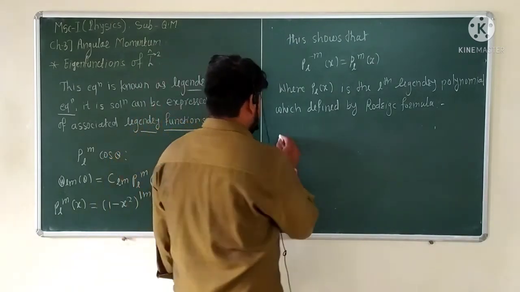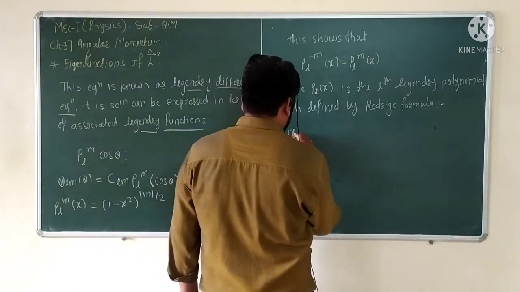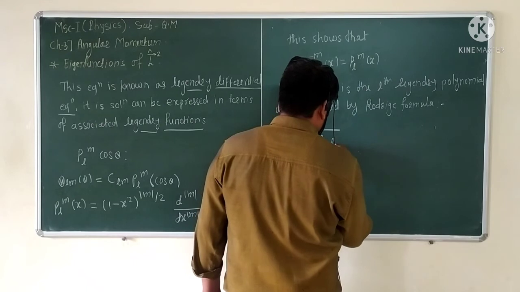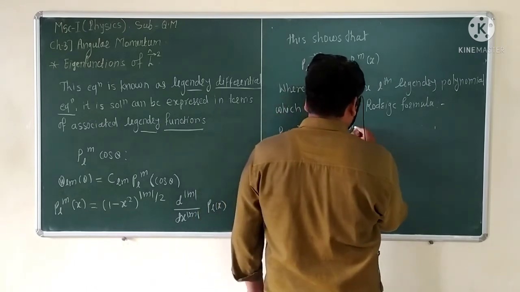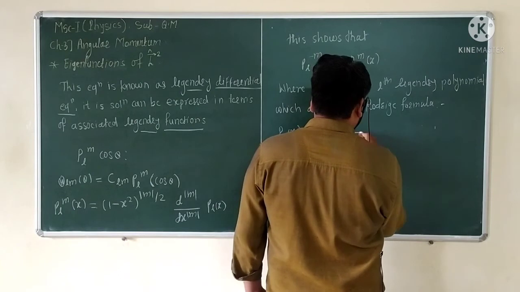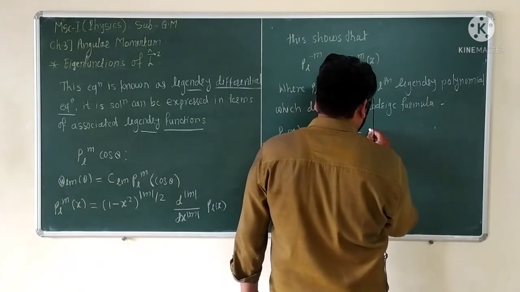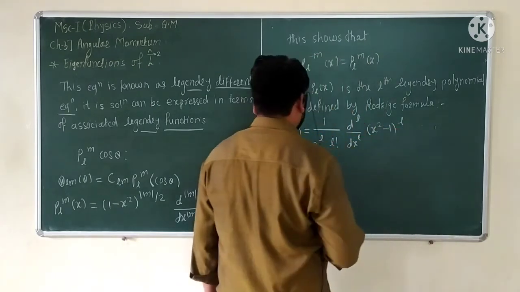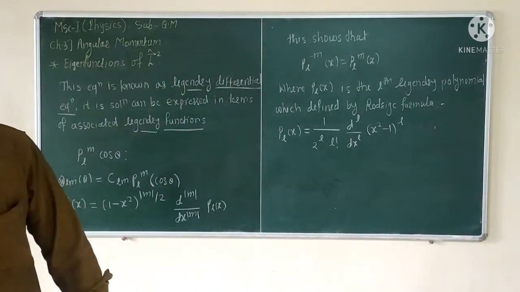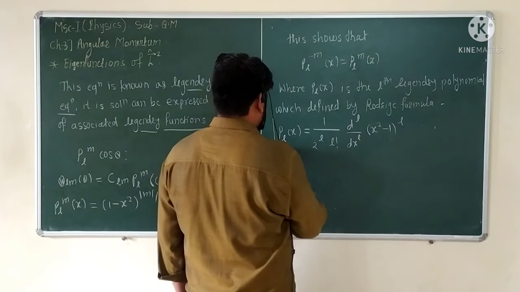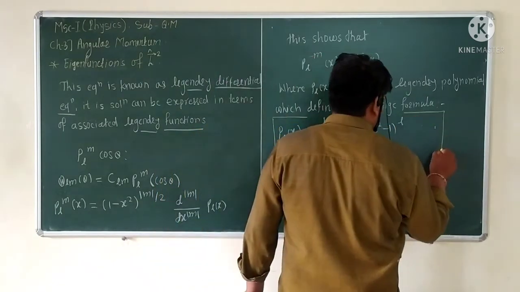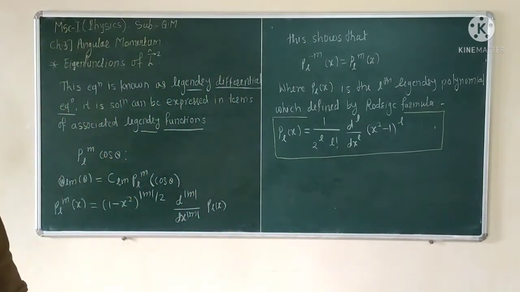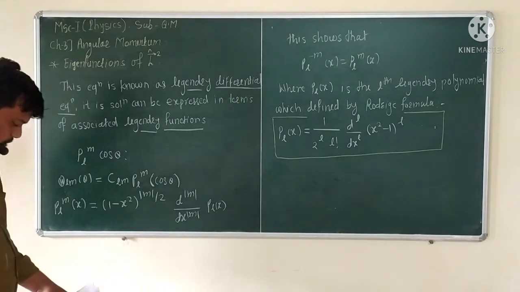The Rodriguez formula says P_l of x is equal to 1 upon 2 power l into l factorial, into d power l by dx power l of (x square minus 1) whole power l. Using this formula we solve the differential. So what is the value of this Legendre polynomial? We want to solve it here.